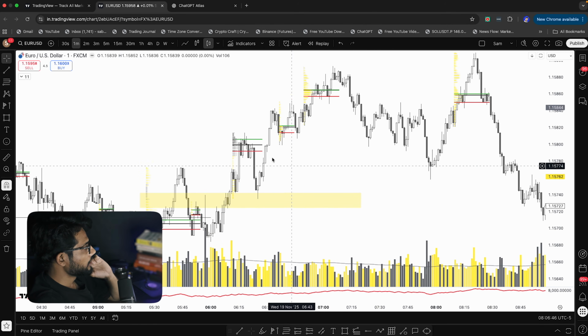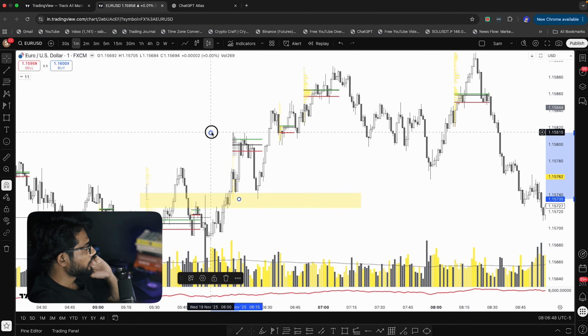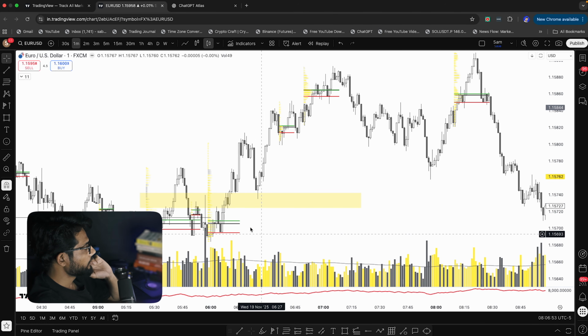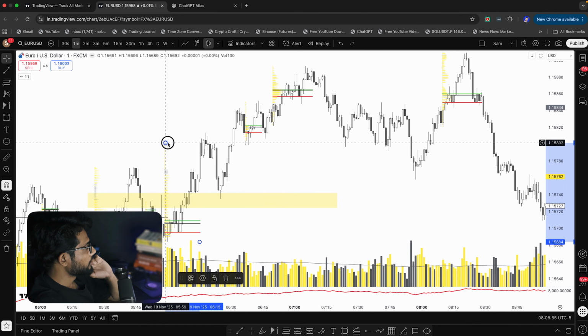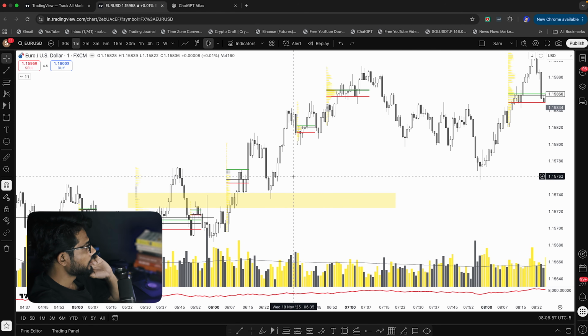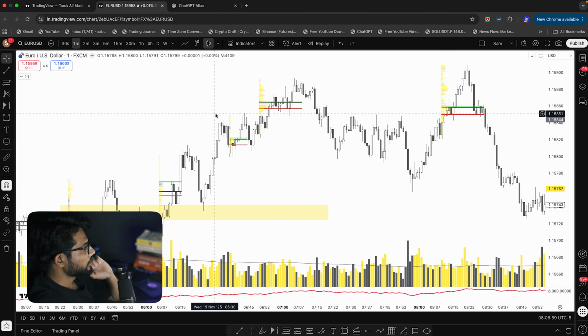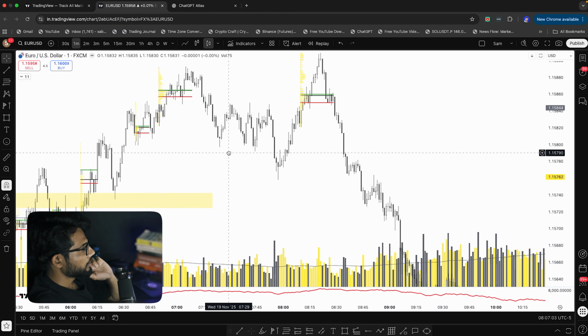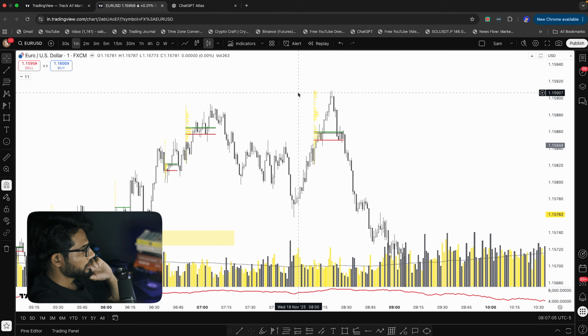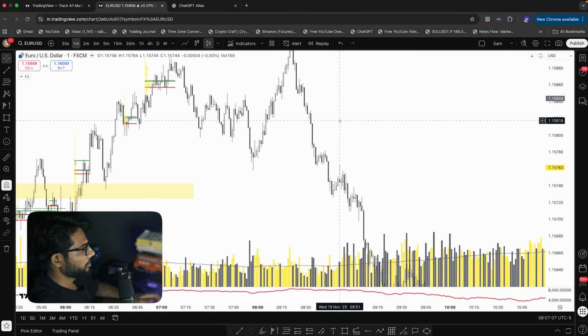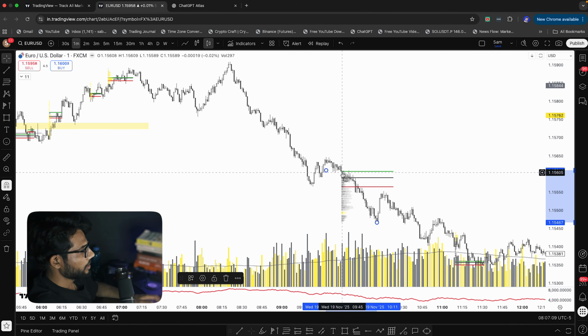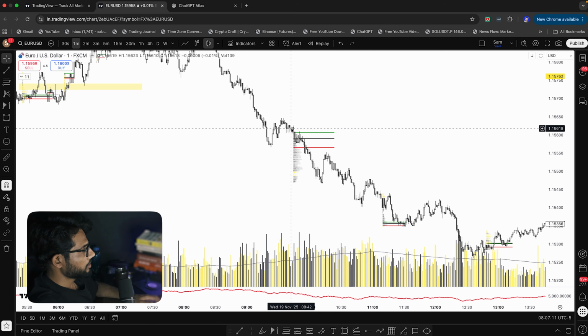For example, my volume profile tool is for some reason acting weird. Let's come down to this.